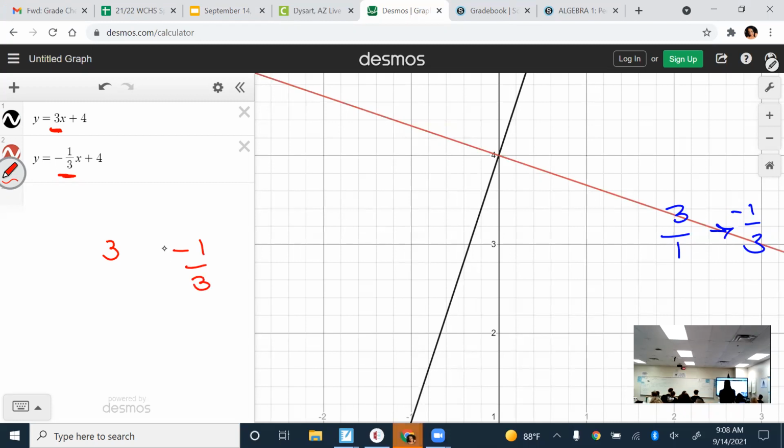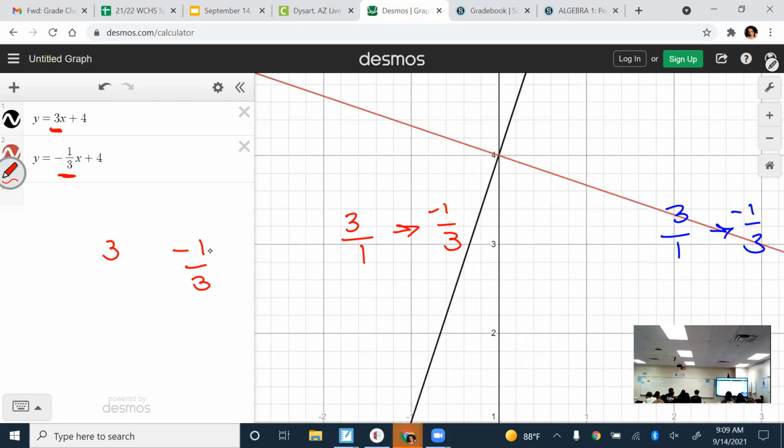So if I flip 3/1, it does become 1/3. And then if I switch the sign, it becomes a -1/3. So does that mean that these two lines are perpendicular? Yes.